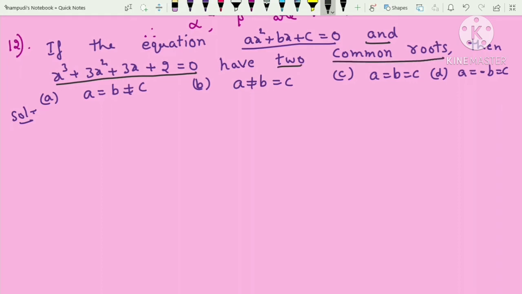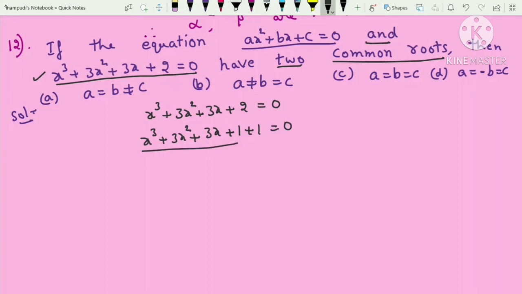Take this equation, x³ + 3x² + 3x + 2 = 0, which we write as x³ + 3x² + 3x + 1 = 0. This can be written in the form of a cube.